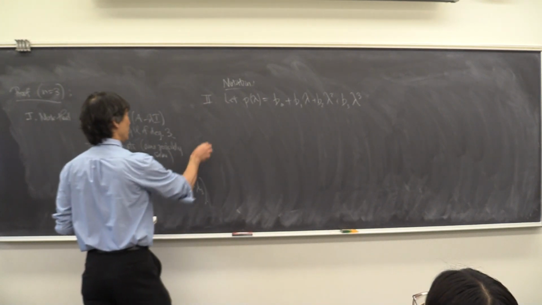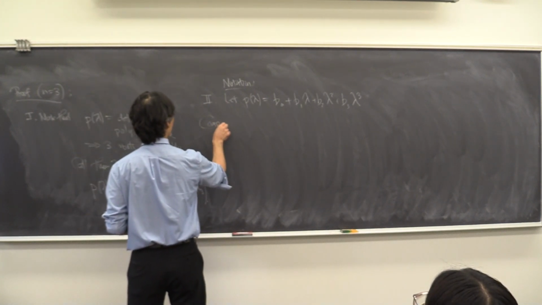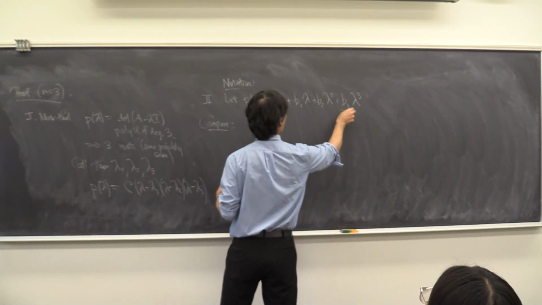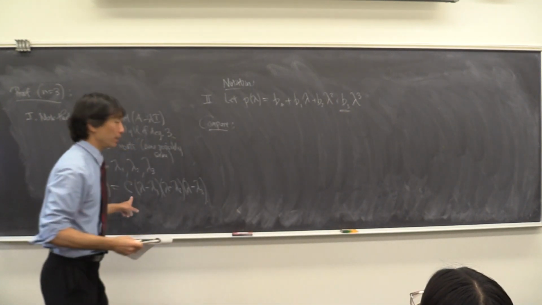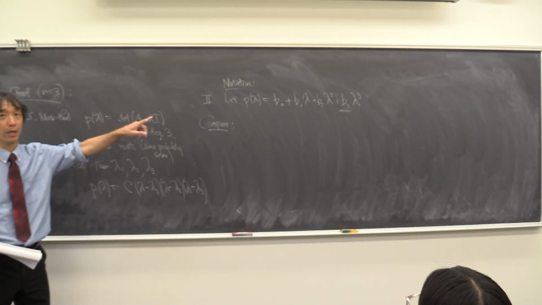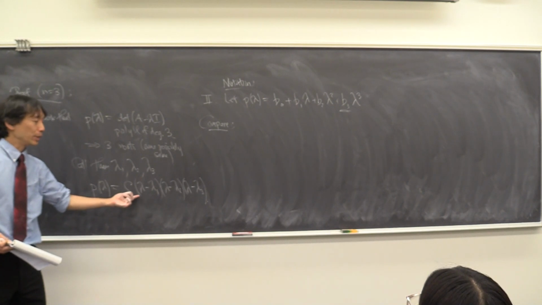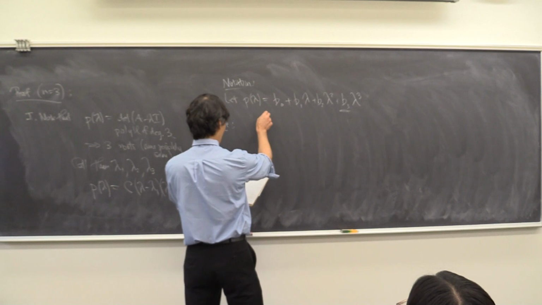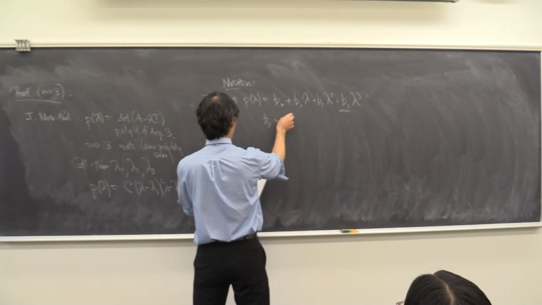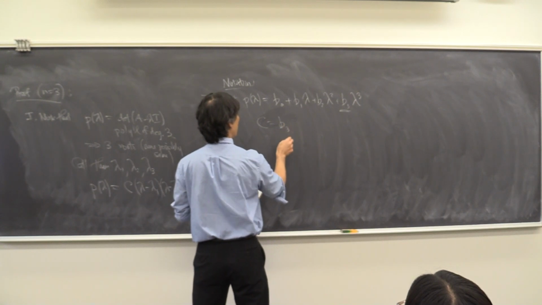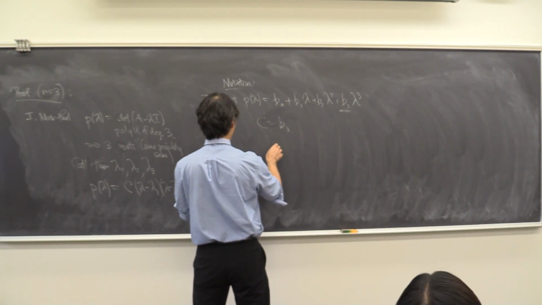Comparing the two notations, you see that B3 is the coefficient on lambda cubed, and the coefficient on lambda cubed here is C. So B3 is C.